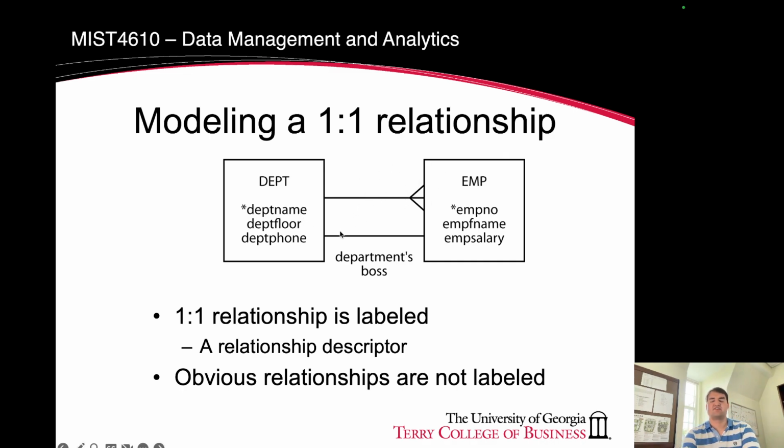We're also saying there's a second relationship, which is what we're going to talk about today. There's a one-to-one relationship between department and employee, such that department has one and only one department boss. So there's not just one relationship, but two relationships between these two entities.